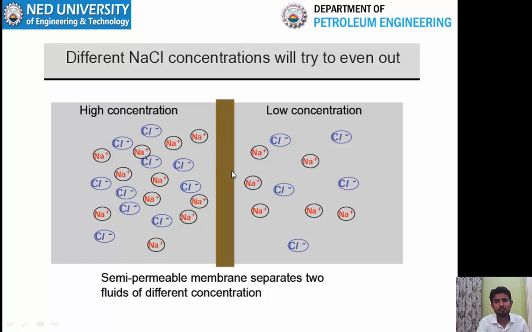Basically, a slightly different phenomenon occurs against the shale zones. We have seen in the previous lectures that shale is composed of the sodium silicate layer, and in the presence of water, the shale dissociates into sodium ions and negative silicate layers.